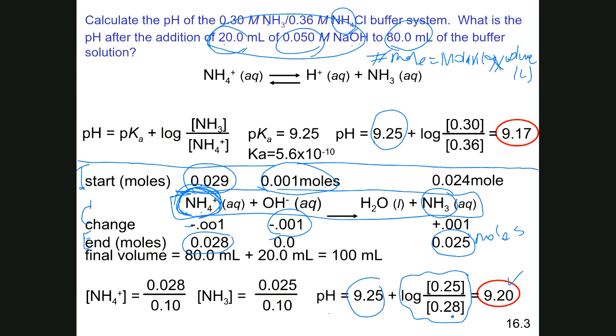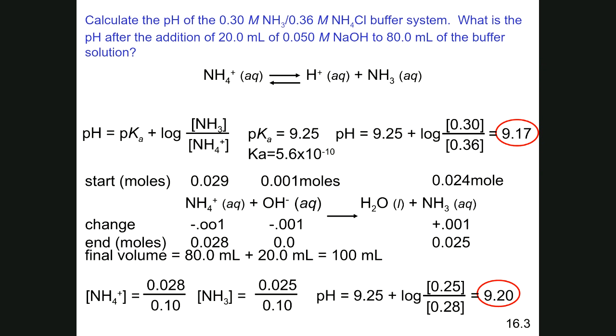And then before using the Henderson equation, you have to change the number of moles to the new concentration. The concentration after adding the two solutions is calculated based on the new volume. What is the new volume? You have 20 milliliters of sodium hydroxide and 80 milliliters of the buffer.